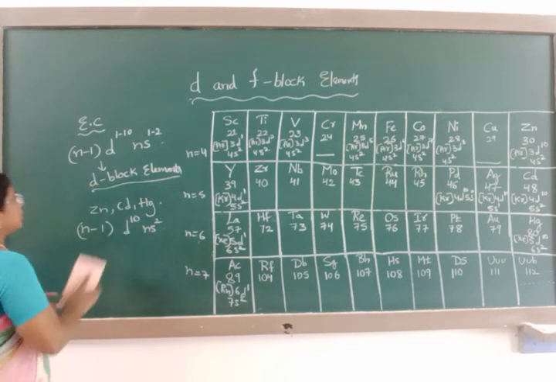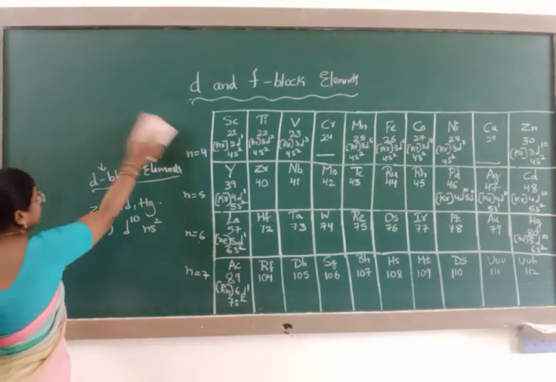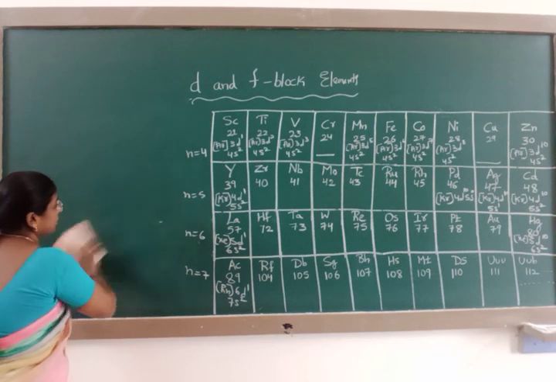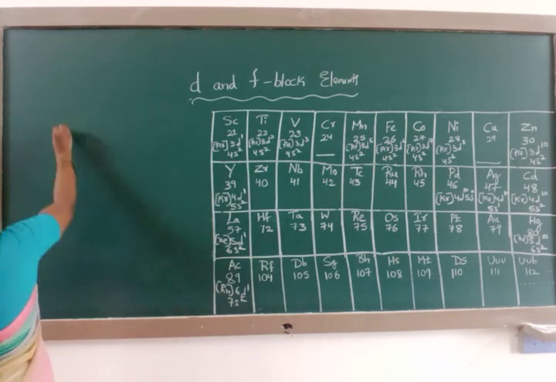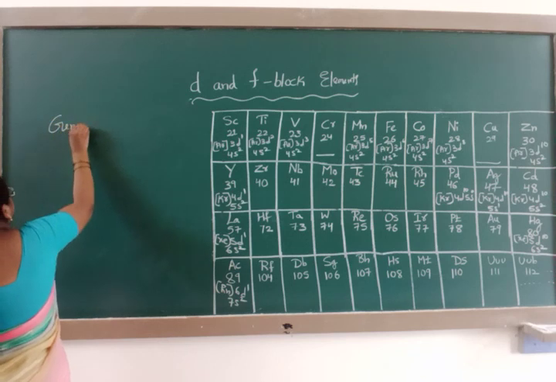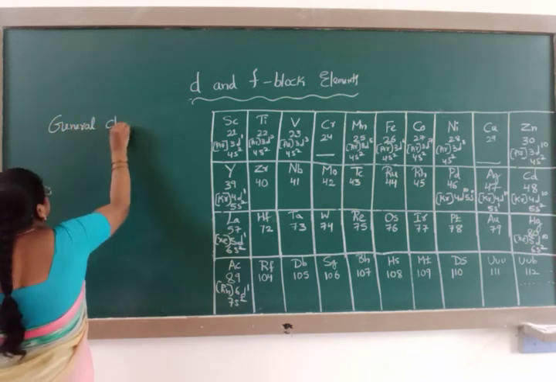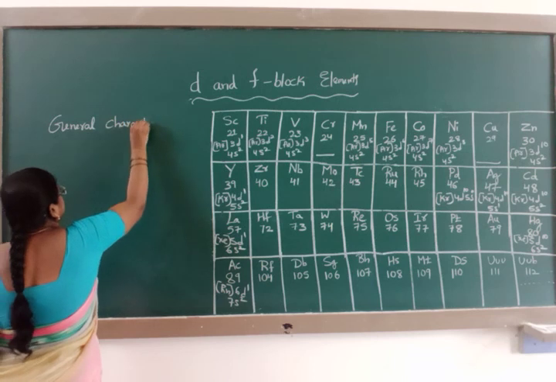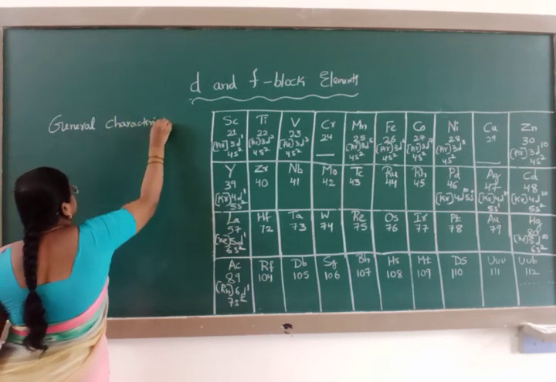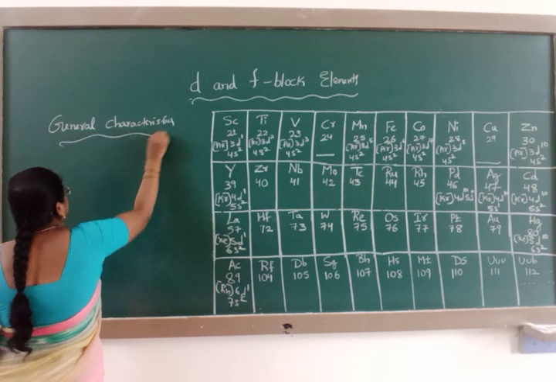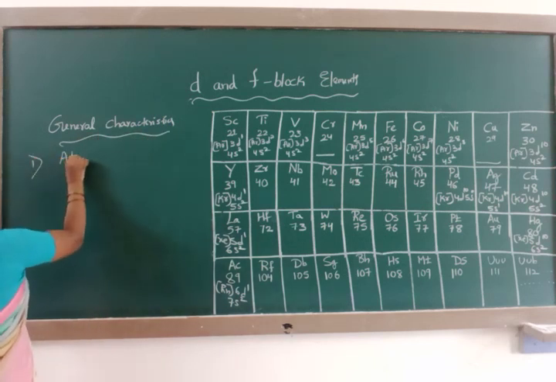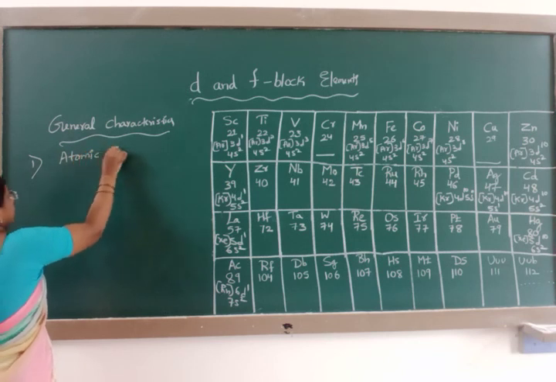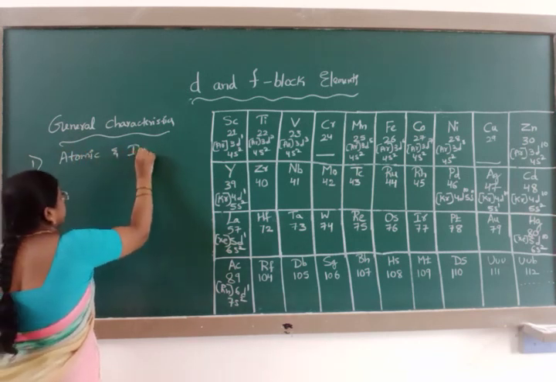Next comes some of the general characteristics of the d block elements. In general characteristics, first we study the atomic as well as ionic radii.